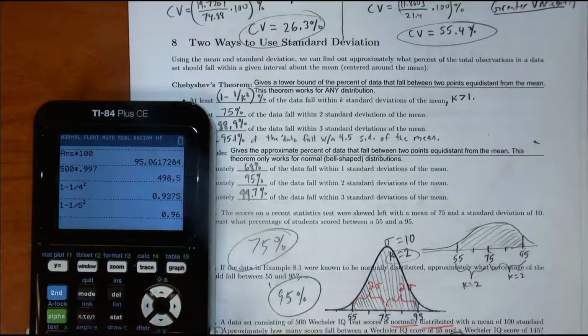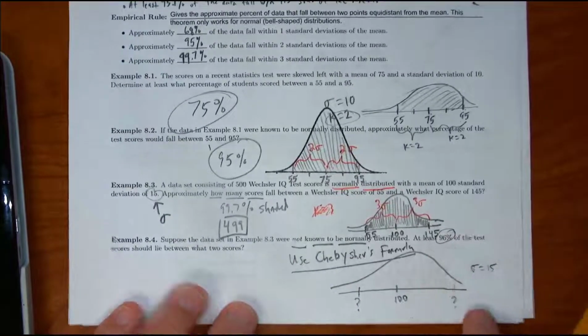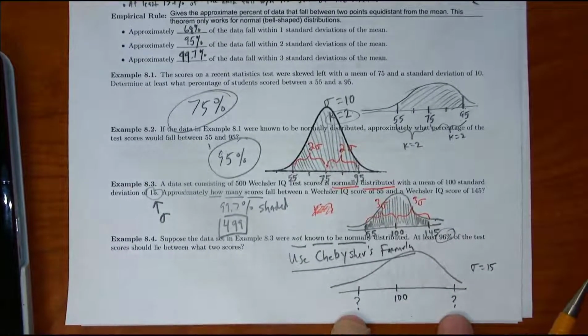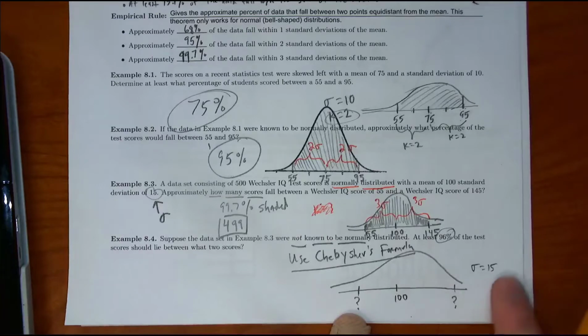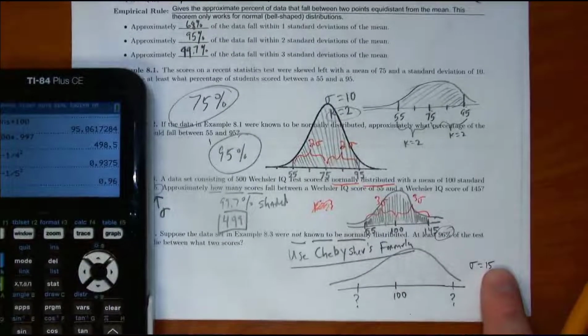So that means if you want 96% of the scores to be between two scores, you need to look 5 standard deviations above and 5 standard deviations below. By 5 standard deviations above, I mean you need to do 15 plus 15 plus 15 plus 15 plus 15, 5 times.